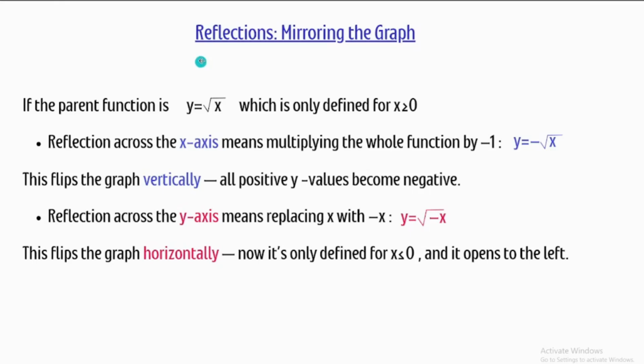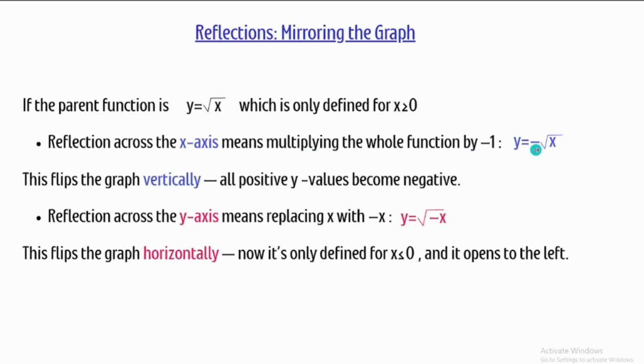Now we will talk about reflections, or mirroring the graph. If the parent function is y equals square root of x, which is only defined for x greater than or equal to 0, and we discussed this in the previous video, the radicand must be greater than or equal to 0. Reflecting across the x-axis means multiplying the whole function by -1.